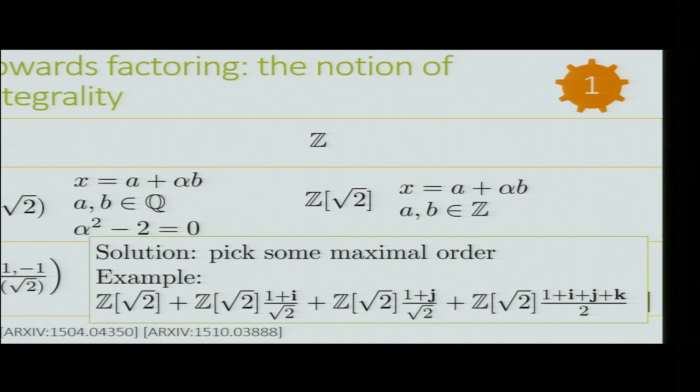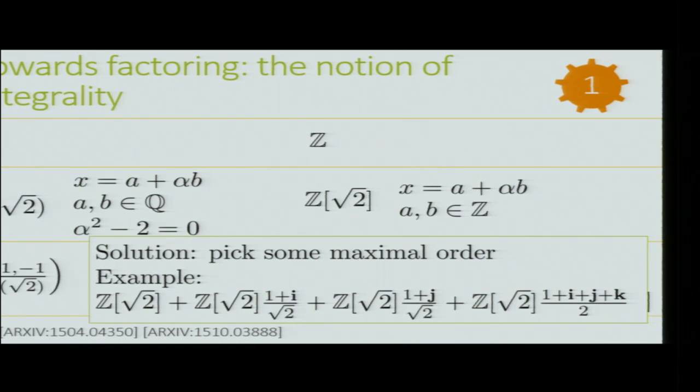Another, simpler example, if you're familiar with it: if you look at quaternions over Q with i, j, k, the Hurwitz order is an example of a maximal order.